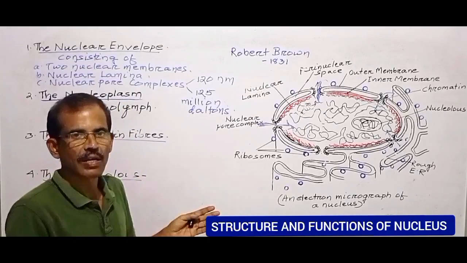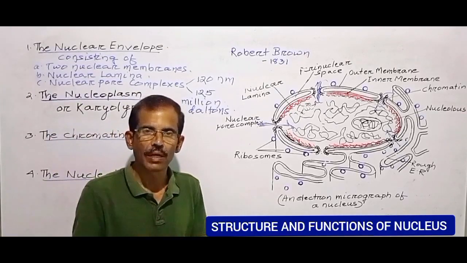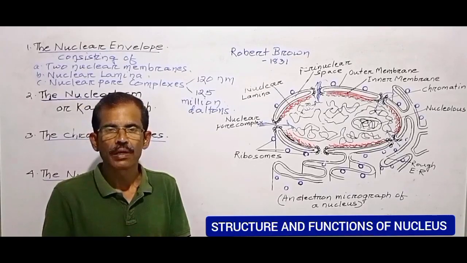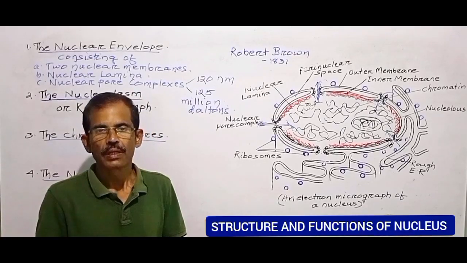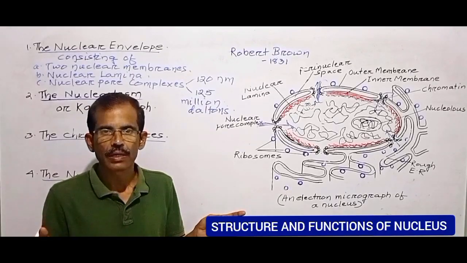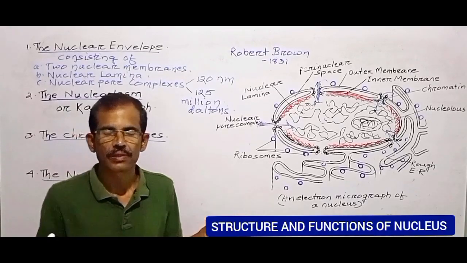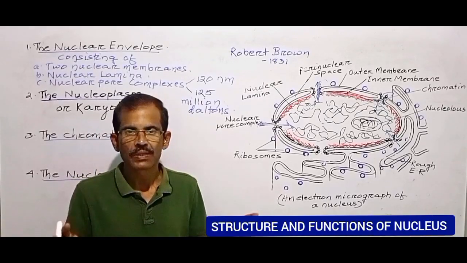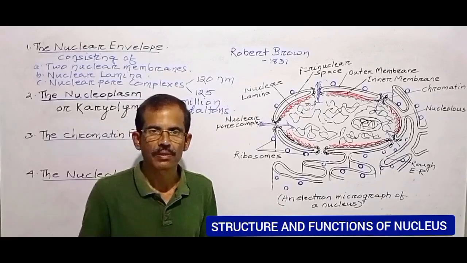The nucleoplasm has a complex chemical composition. It is composed of mainly nucleoproteins. In addition, it also has other organic and inorganic substances such as nucleic acids, proteins, enzymes, and minerals.